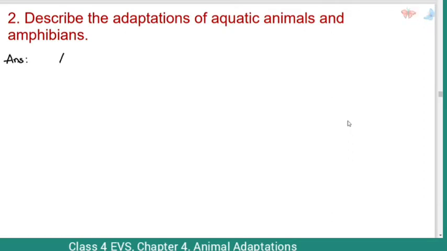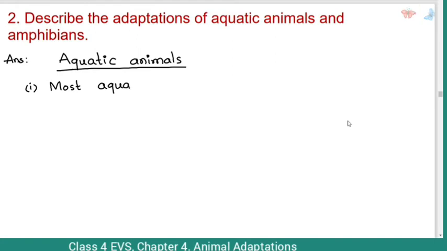So first we will see the adaptations of aquatic animals. Most aquatic animals breathe through gills.